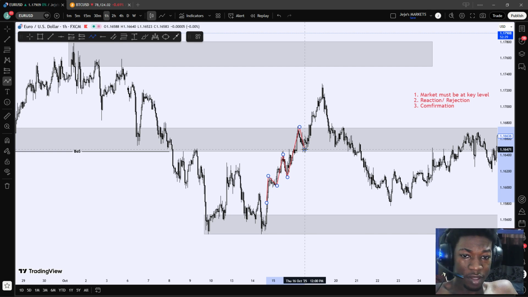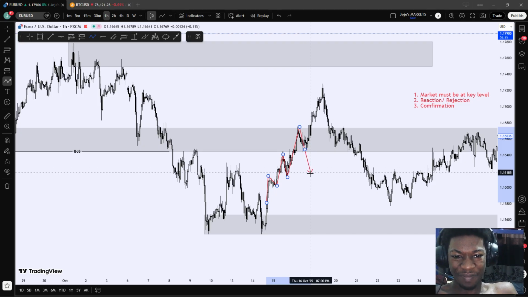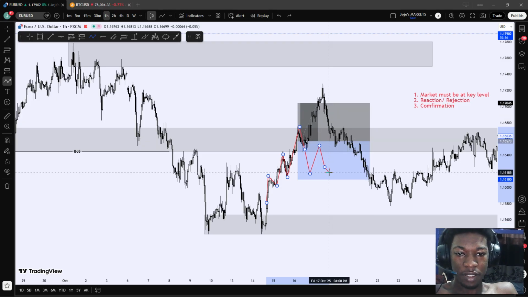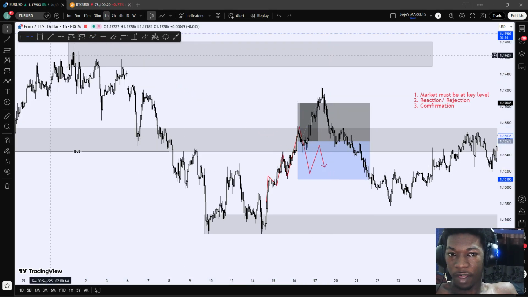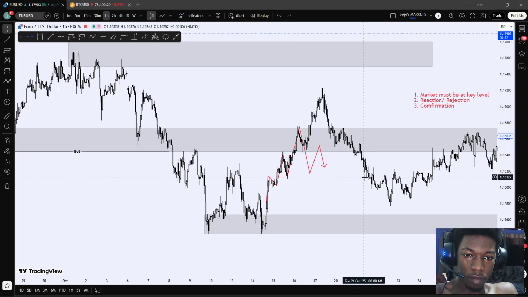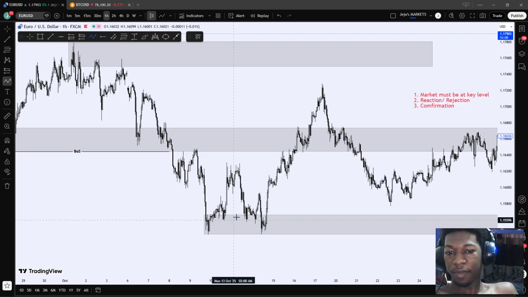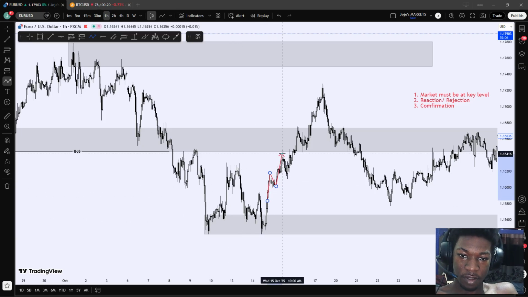The only way we could know if it's a retest or not is if it does this, comes up and then rejects it. That's how you can know. So the best thing to do over there is wait. May I be patiently waiting. So the market went up, retest, went up, retest, went up, retest.